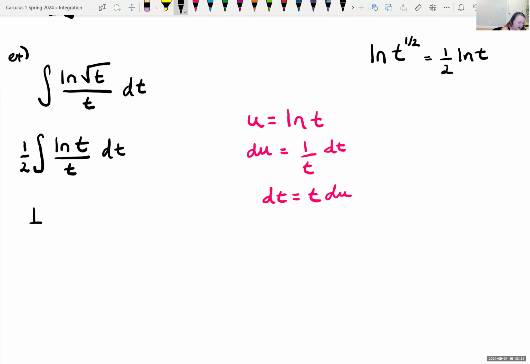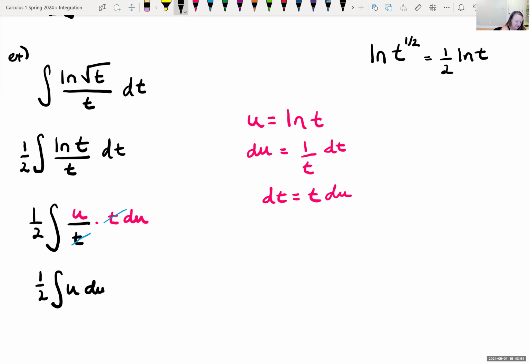So I have 1/2 the integral of the natural log of t, which we chose to be u, all over t. Dt, though, was t du. So notice that things cancel like we want. The t's go away, and now we have an integral with just u in there.